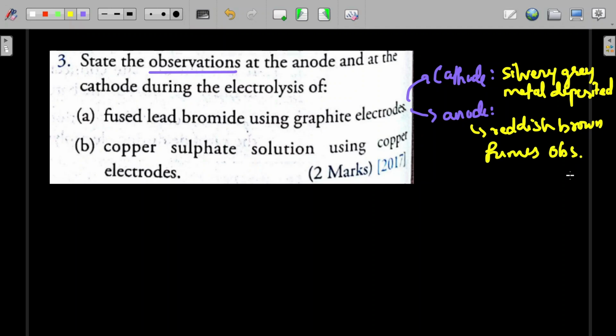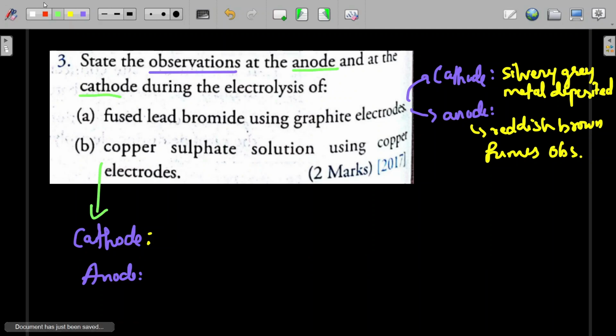Okay. Danish, can you hear me? Yes, sir. Can you tell me the answer for the second one? So the solution will remain blue even after the test. They can't really say remain blue. If you write that, that will be incorrect, because they have asked the observation at anode and cathode and not about the electrolyte solution color, right?